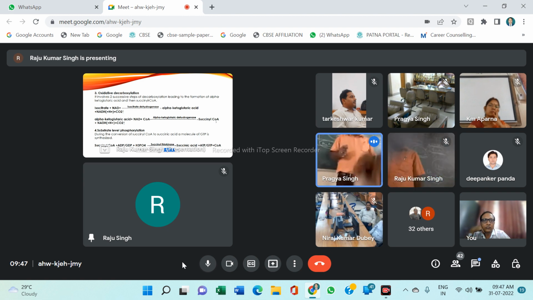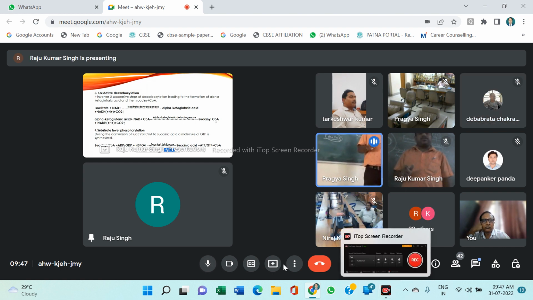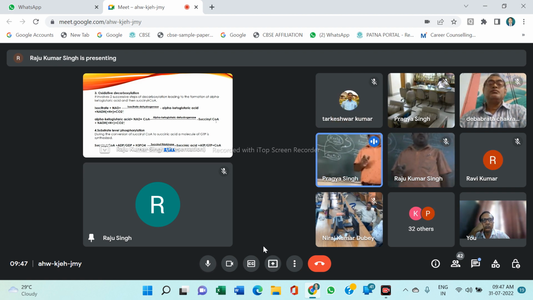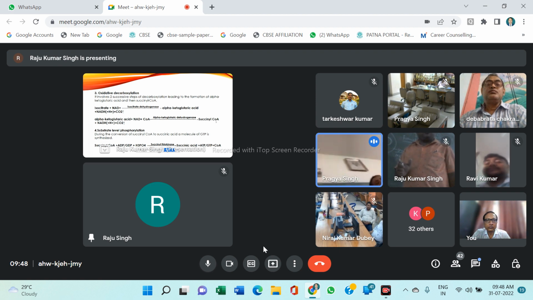In the first step, isocitrate undergoes dehydrogenation, with formation of NADH from NAD. Isocitric acid first changes into the intermediate oxalosuccinic acid, which is the oxidation step, and there is formation of NADH.